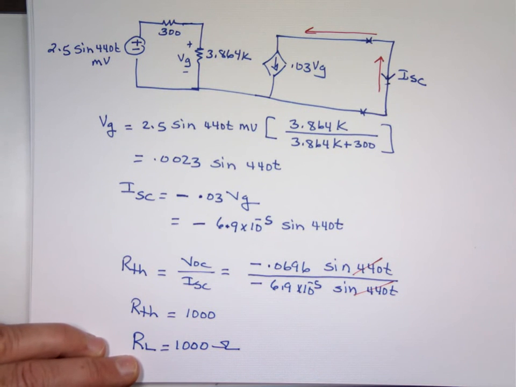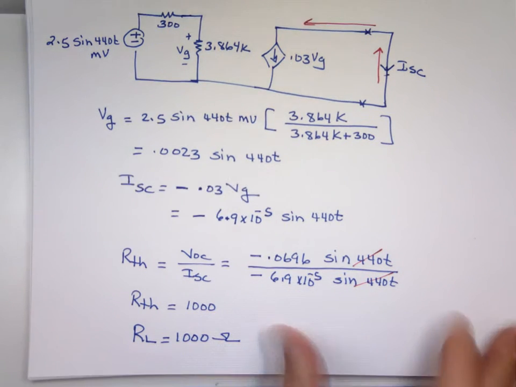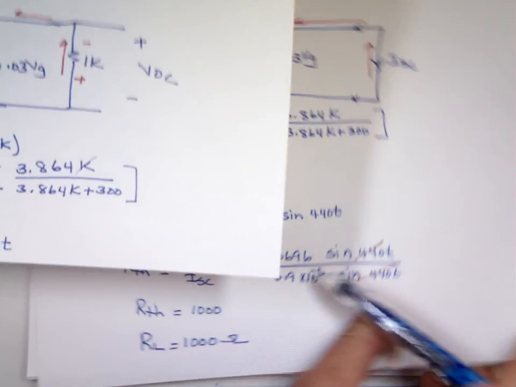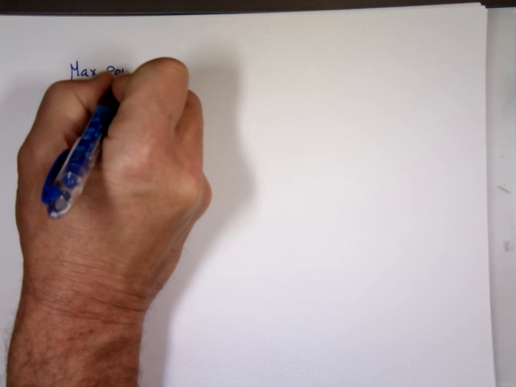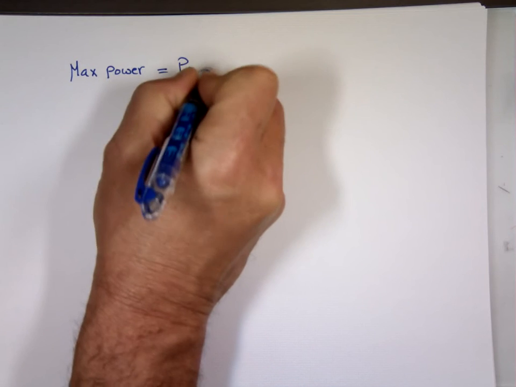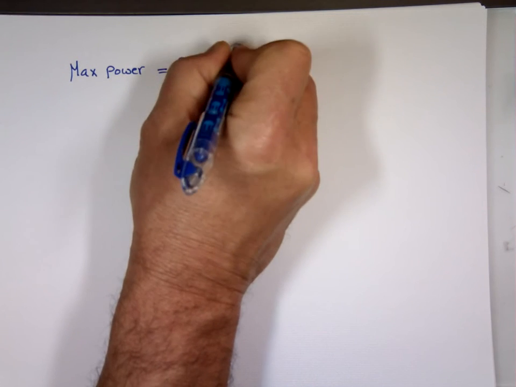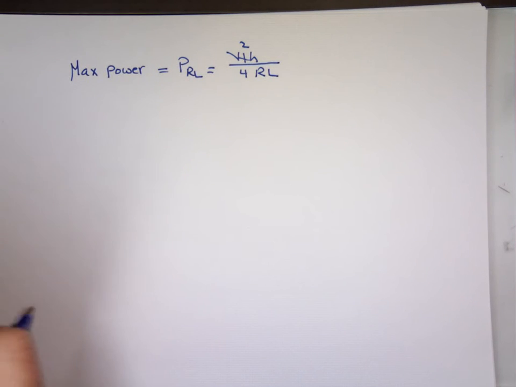And what's the maximum power? Remember, we did the math. It's V Thevenin squared divided by 4 times R sub L. So maximum power is going to be V Thevenin squared divided by 4 times R sub L. And you tell me what is V Thevenin?